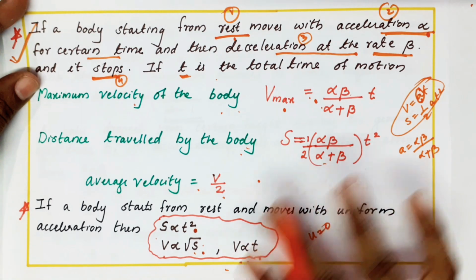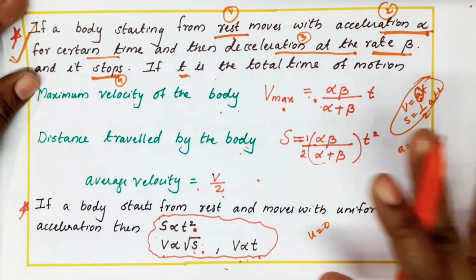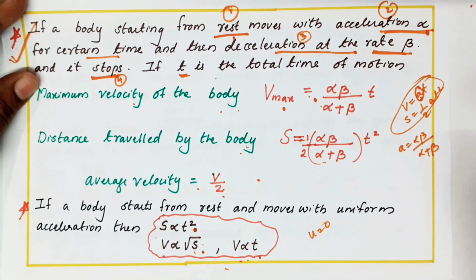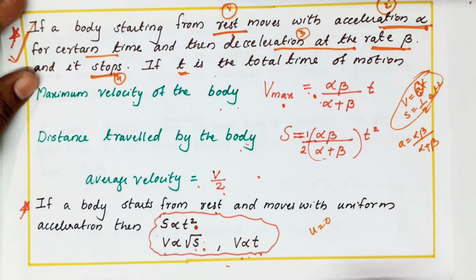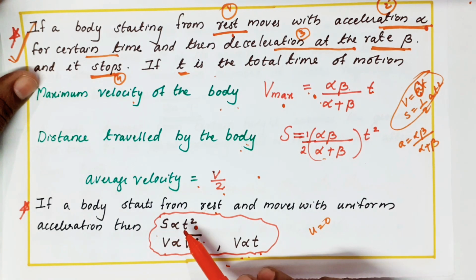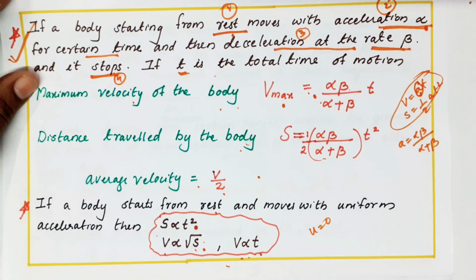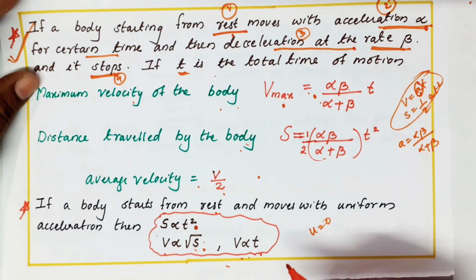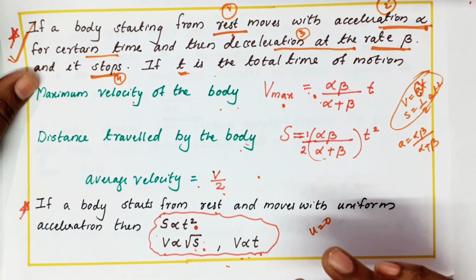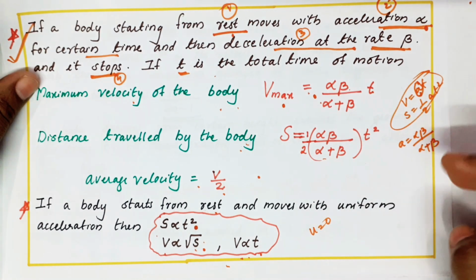Actually, they did not do anything. They directly applied your uniformly accelerated motion equation with the condition of u as 0. If they twist the question also, you remember s proportional to t square because u was 0. Here also u was 0, that's why v square proportional to s and v directly proportional to t. This is the relation connecting s and t, v and s, and v and t.